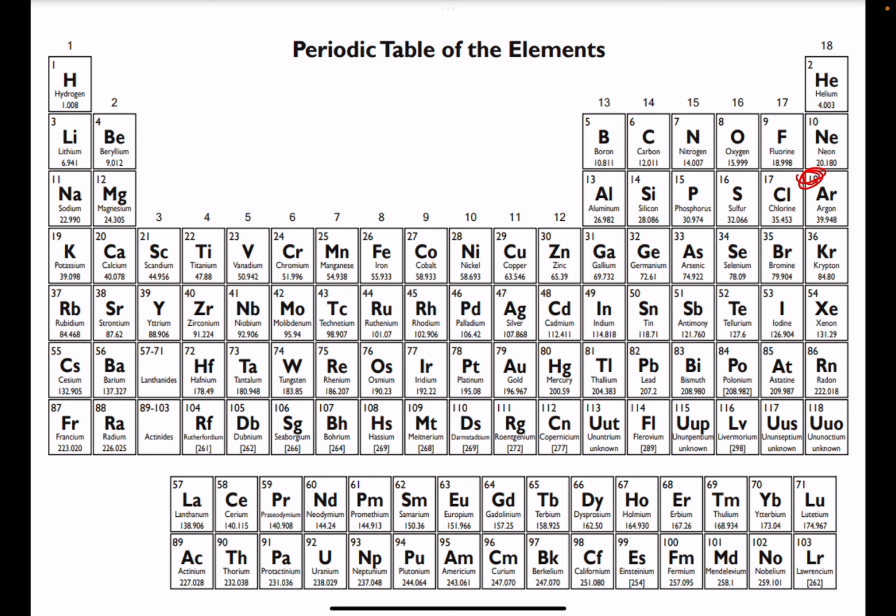We're not going to start from hydrogen anymore. We're going to start from where argon is, because we don't have to write all of this up here, which would be 1s2, 2s2, so on, and 2p6, 3s2, and 3p6. We don't have to write all that. So we're just going to put argon out front and then move from there.